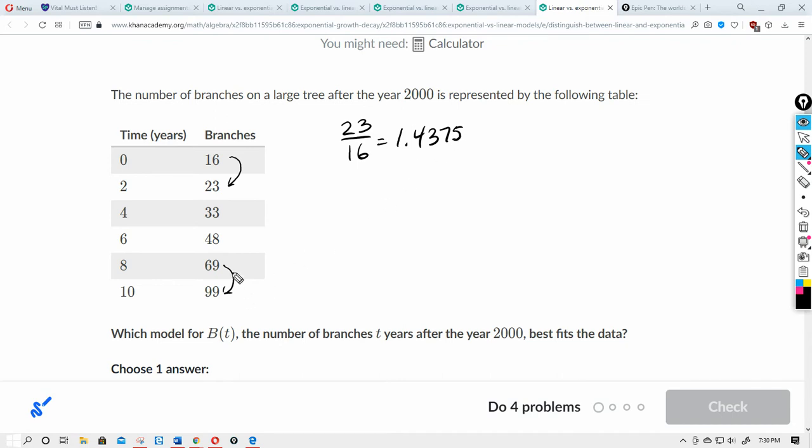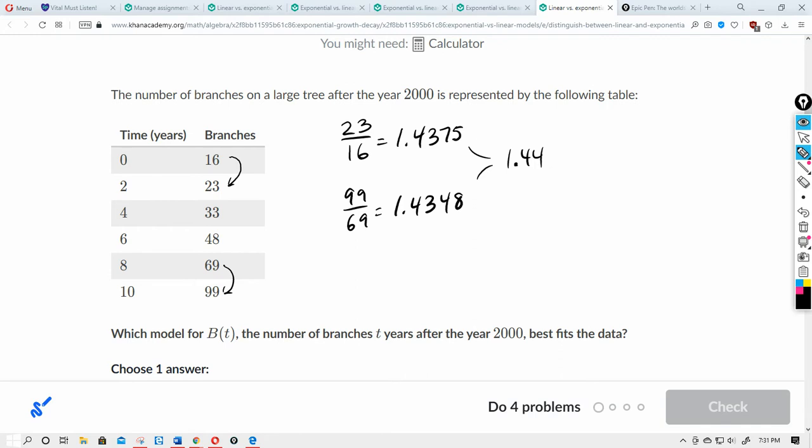Okay, and just to prove it to you, let's do 99 divided by 69. I get 1.4348. Okay, so in both cases, if we round it off, it is approximately 1.43 or 1.44.